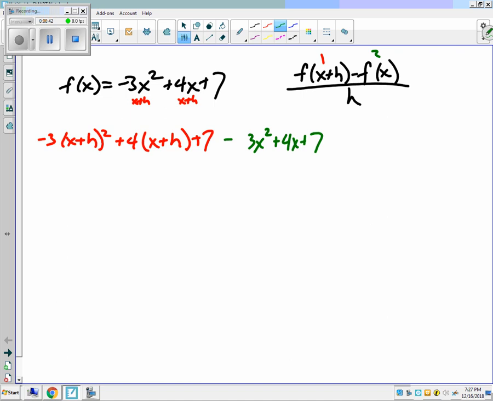Okay, so I do need that. I want to subtract off the whole f of x function, so let's use parentheses on there. Step 3 is my favorite. It's the easiest. I'm just going to divide everything by h.